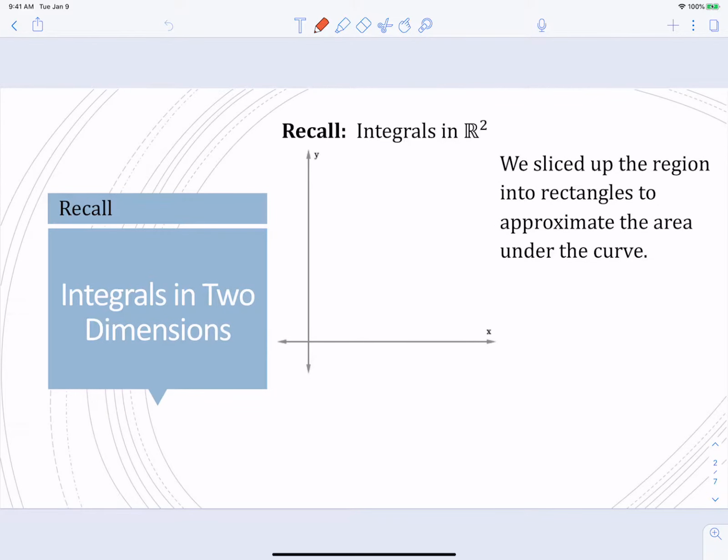As usual, we want to go back and think about what we did in 2 dimensions when we were dealing with integrals, because that's going to inform what we do with our 3 dimensional integrals.